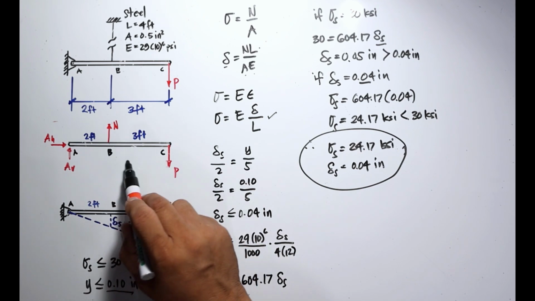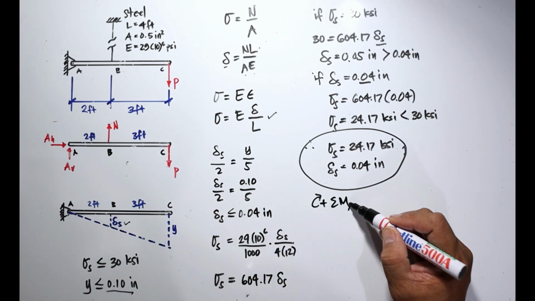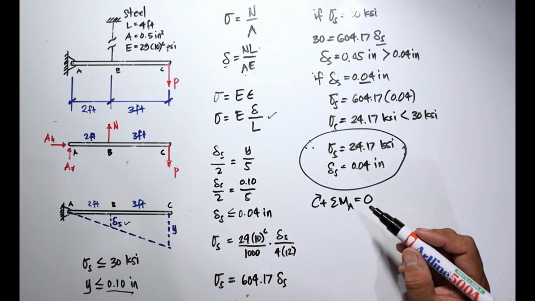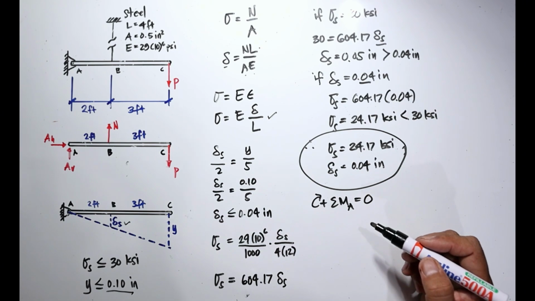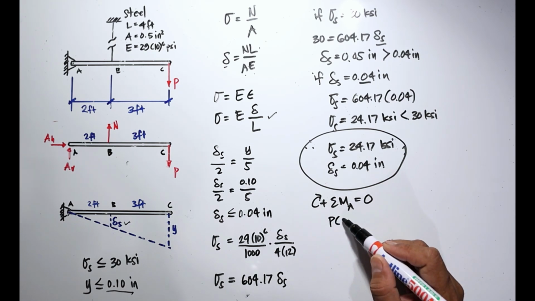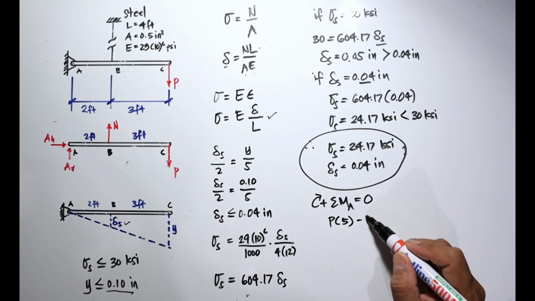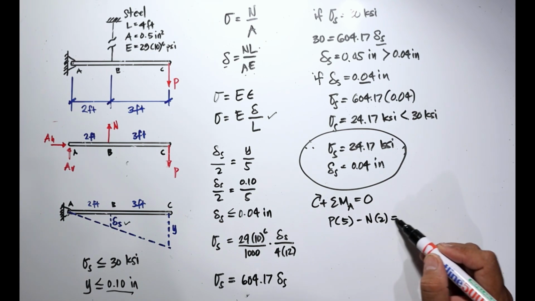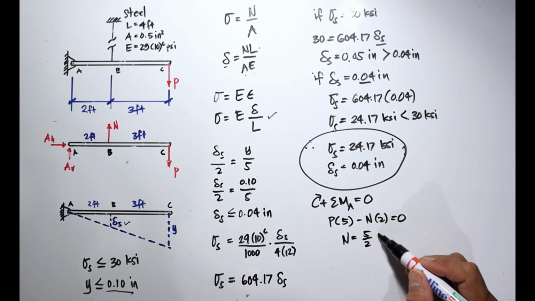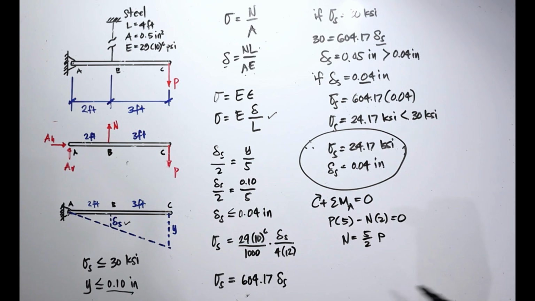We go back to the free body diagram. We sum up moments at A, equate that to 0 for equilibrium. We will be able to solve for N in terms of P. So we have P times 5 minus N times 2 equals 0. N is 5 halves of P. Then stress in the steel equals N over area of steel.